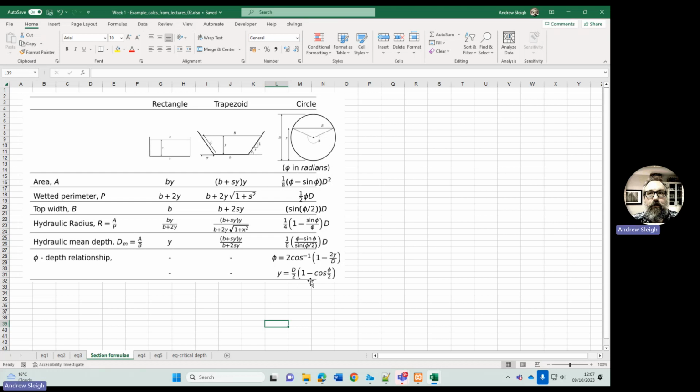Formula for a circle are all here. These are definitely a lot more complicated and easy to make mistakes in Excel. One of the big things you need to remember is that theta is in radians when you do it in Excel. Later on in the course, we'll do an Excel example with a circle.